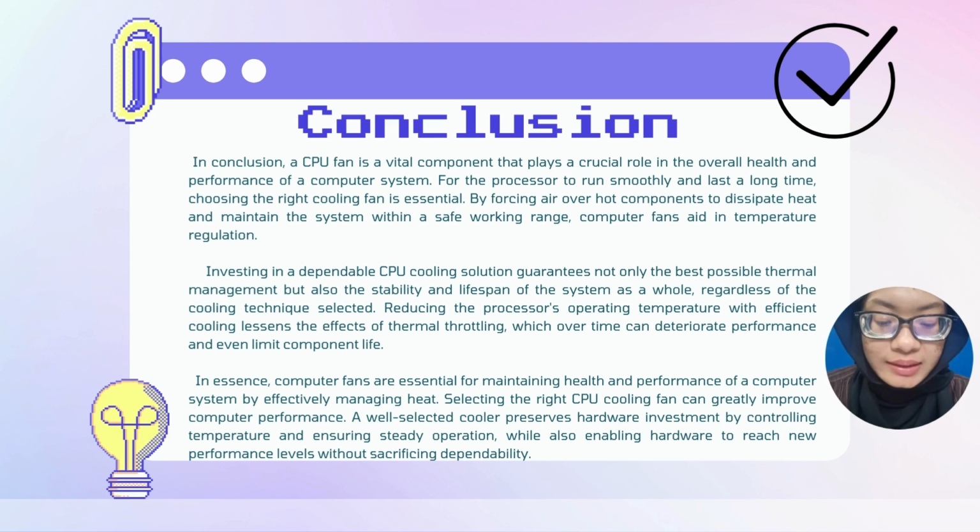In conclusion, a CPU fan is a vital component that plays a crucial role in the overall health and performance of a computer system. For the processor to run smoothly and last a long time, choosing the right cooling fan is essential. By forcing air over hot components to dissipate heat and maintain the system within a safe working range, computer fans aid in temperature regulation.